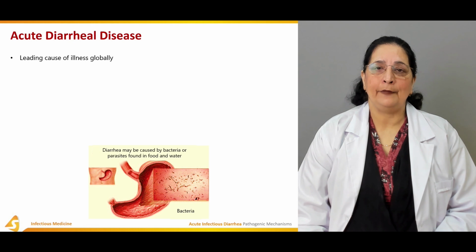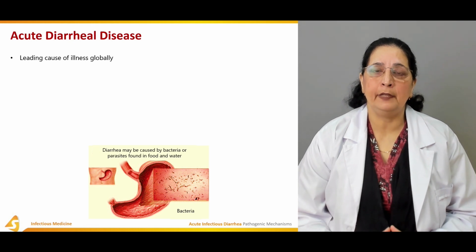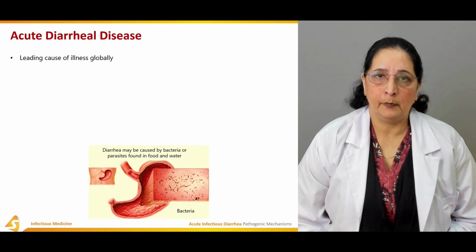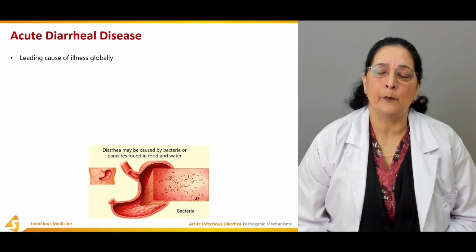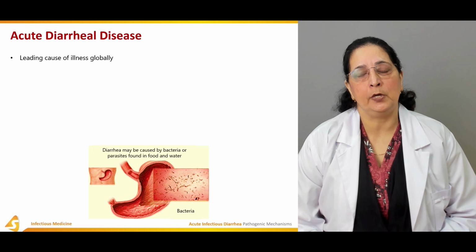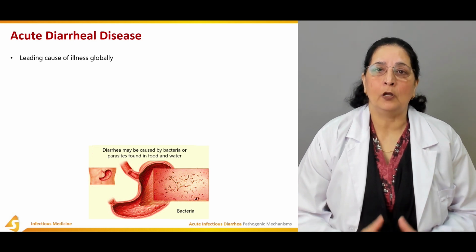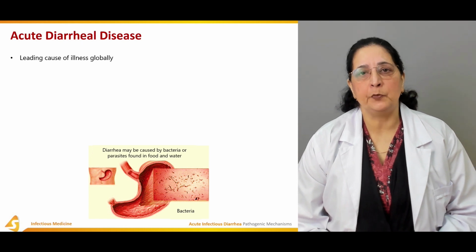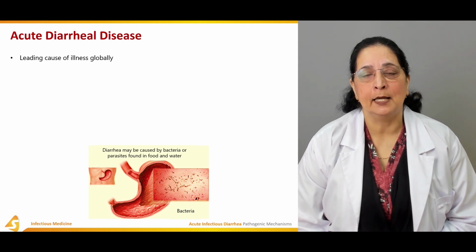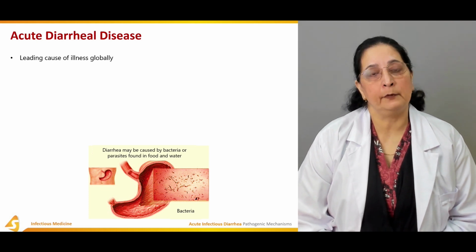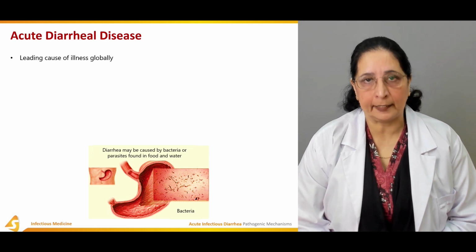It is a leading cause of illness globally, a very, very common cause of morbidity associated with acute infectious diarrhea, but also in cases when the treatment is not properly done or the treatment is not properly available, it can cause death also.